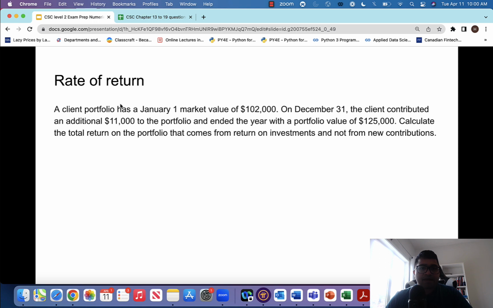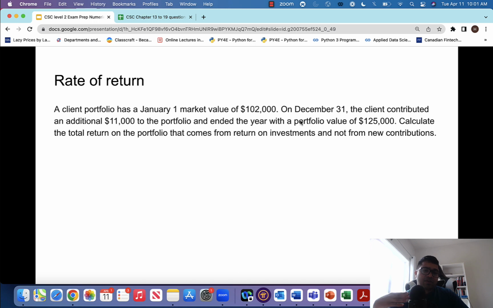Next, the client portfolio has a January 1 market value of 102. The client contributed an additional $11,000 to his portfolio and ended the year with portfolio value of 125. Calculate the total return on the portfolio that comes from return on investment and not from new contributions. So if you read the question very carefully, you had $102,000.